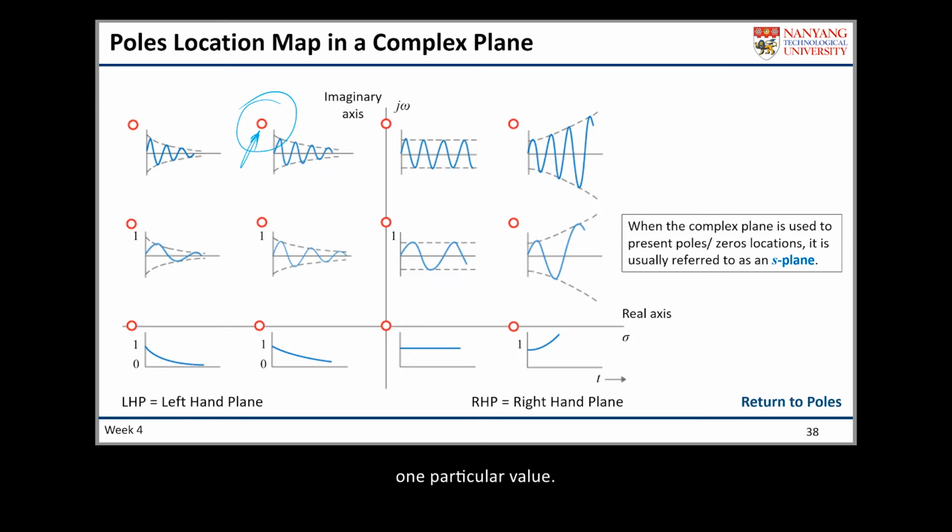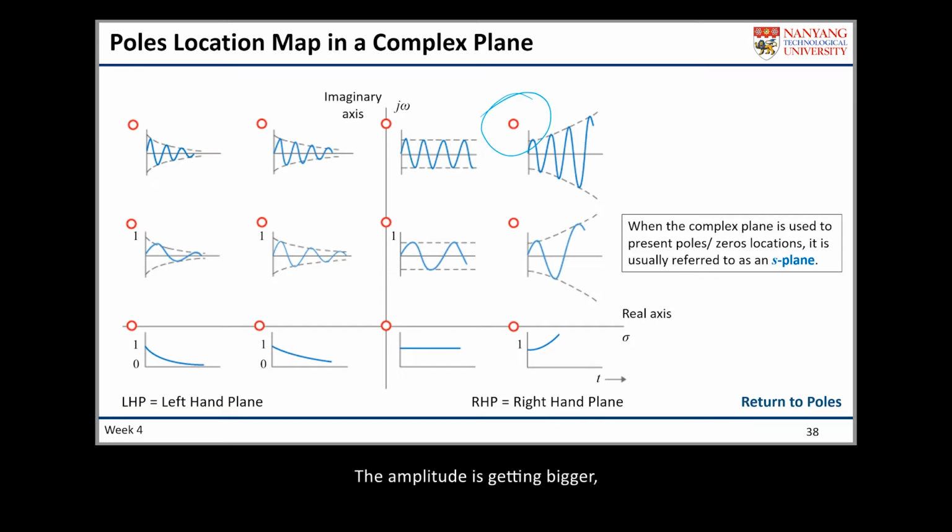Now let's consider another case, when you have a complex pole in your system again, but the real part of that complex pole is on the right hand plane, which means the real part is positive. The response of the system with that kind of pole is oscillating, but the amplitude is growing.